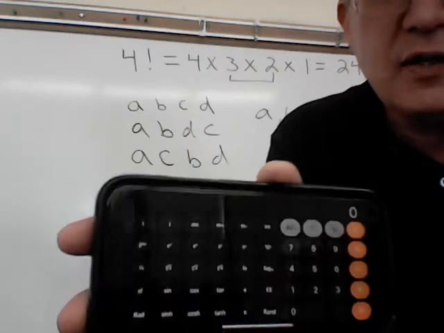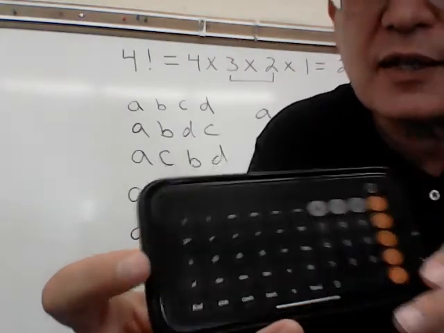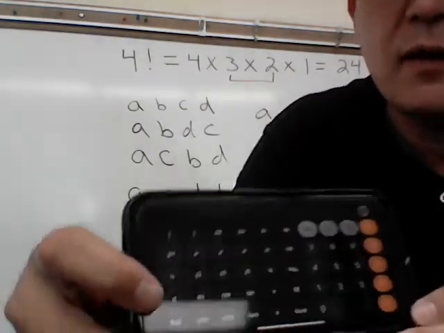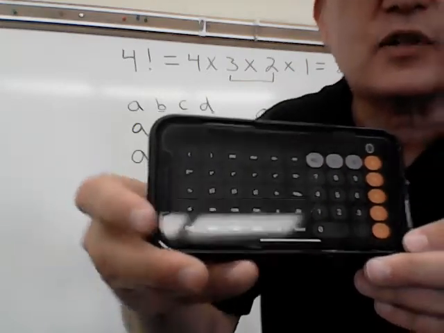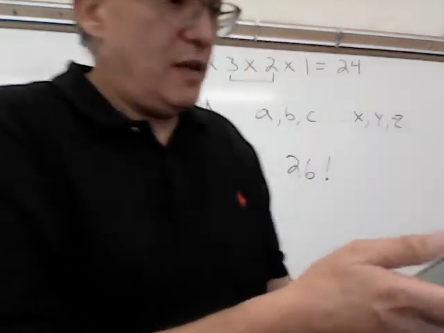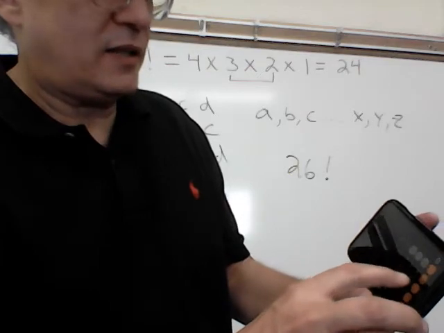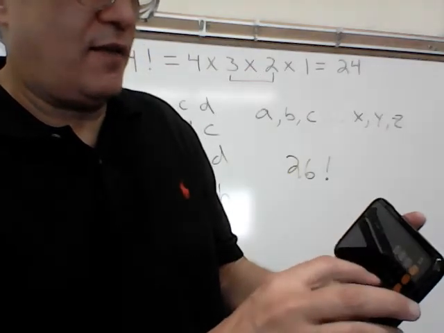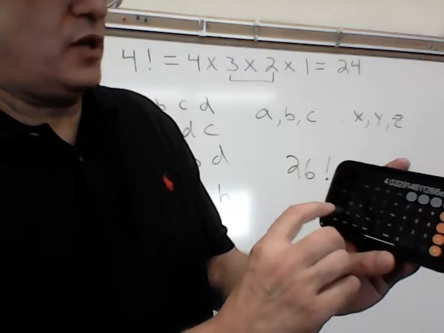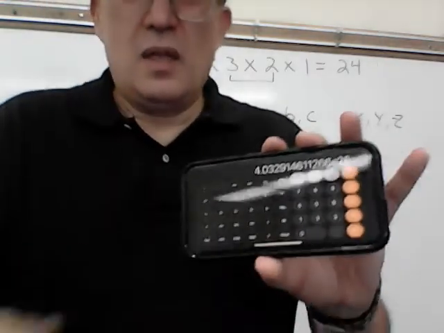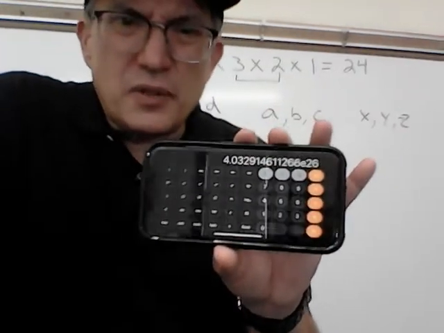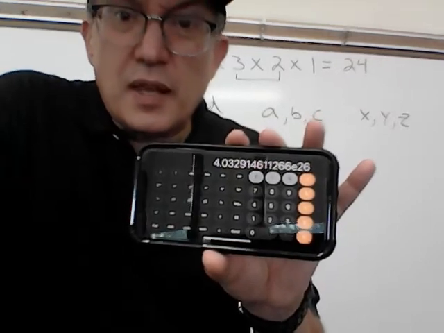And one of the keys has an X with an exclamation mark after it, right there. X factorial. So if I type in a 26 for the 26 letters of the alphabet, and then hit the factorial key, this is the result.